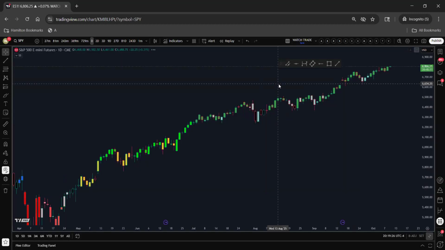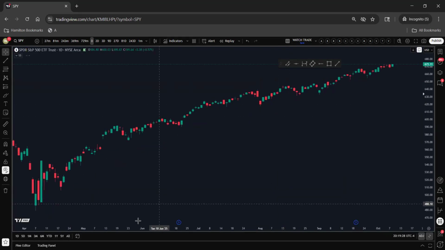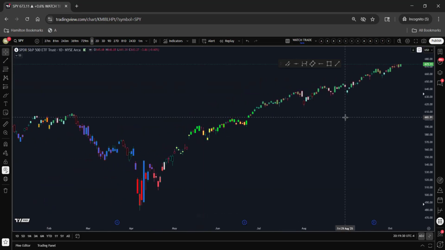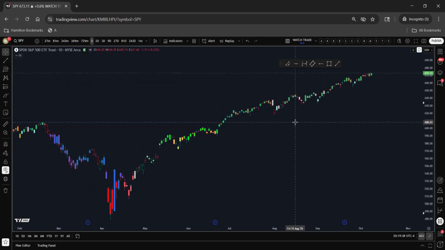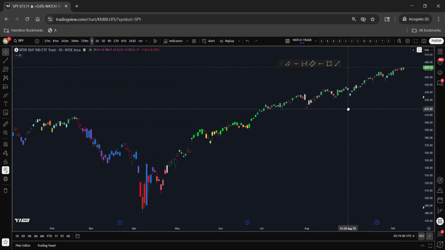Let's look at SPY. I'm really not interested in purchasing unless it's green. When we see these light green candles, I don't want to participate in SPY because even though it's extremely bullish, the move's coming to an end. And typically there's lots of manipulation around these light green or light pink candles.